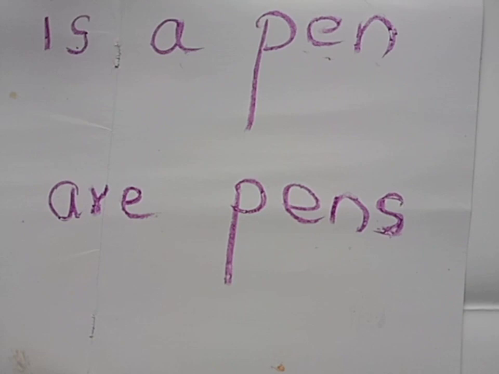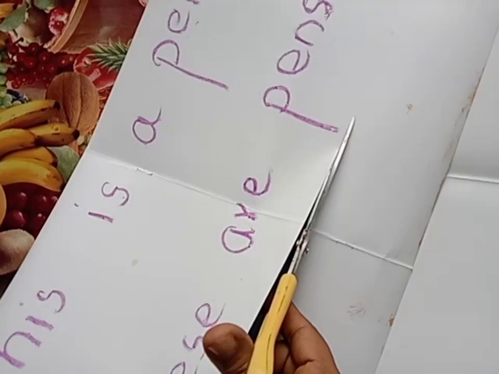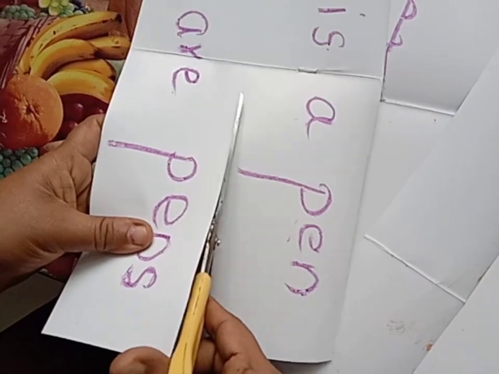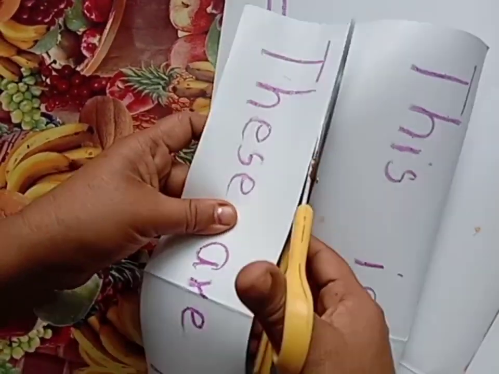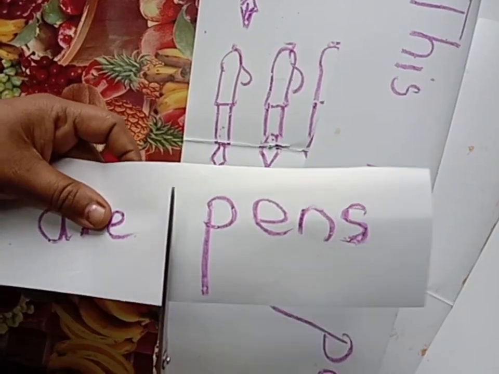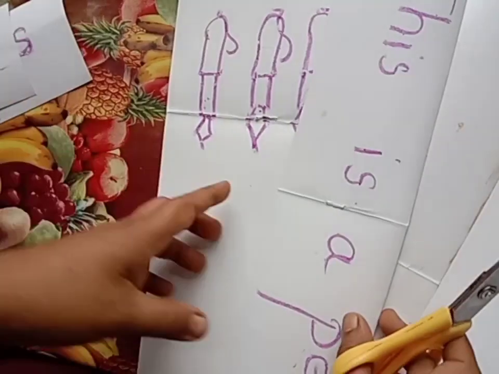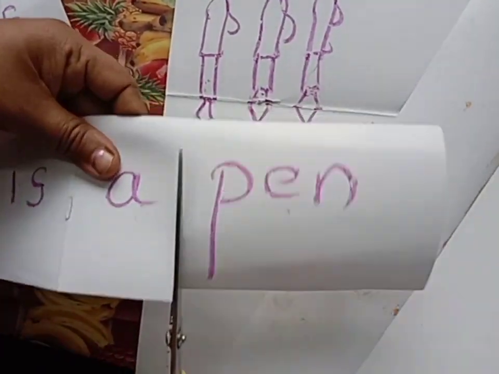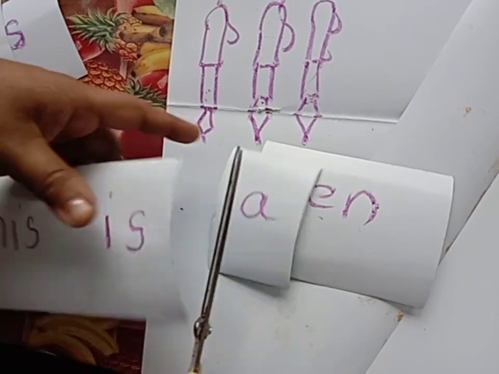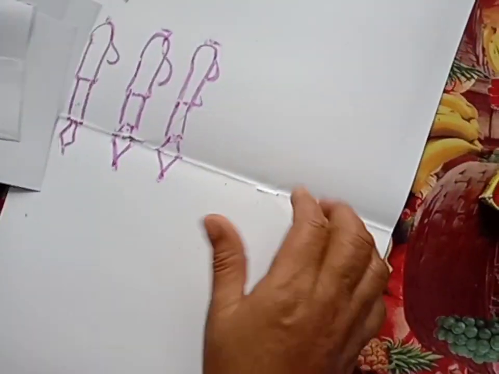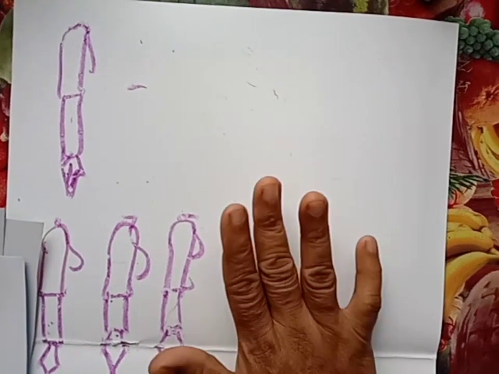Okay. Now, we can take a scissors and See children, this is an activity based on picture reading.